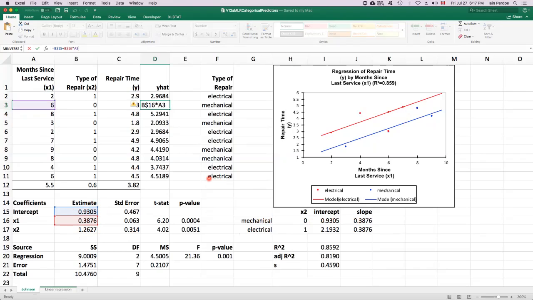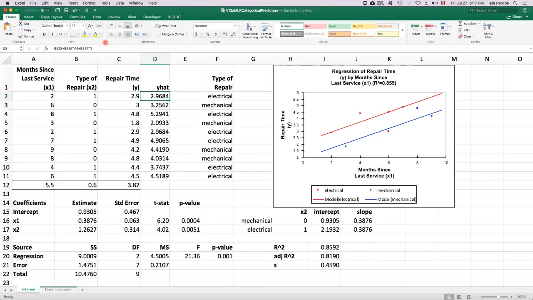Let's try to do the same thing for electrical repairs. What do we have? We have 0.9305 plus 0.3876 times x1 plus 1.2627 times 1. Instead of B2 there, I could just type 1, because for electrical repairs, x2 is 1.